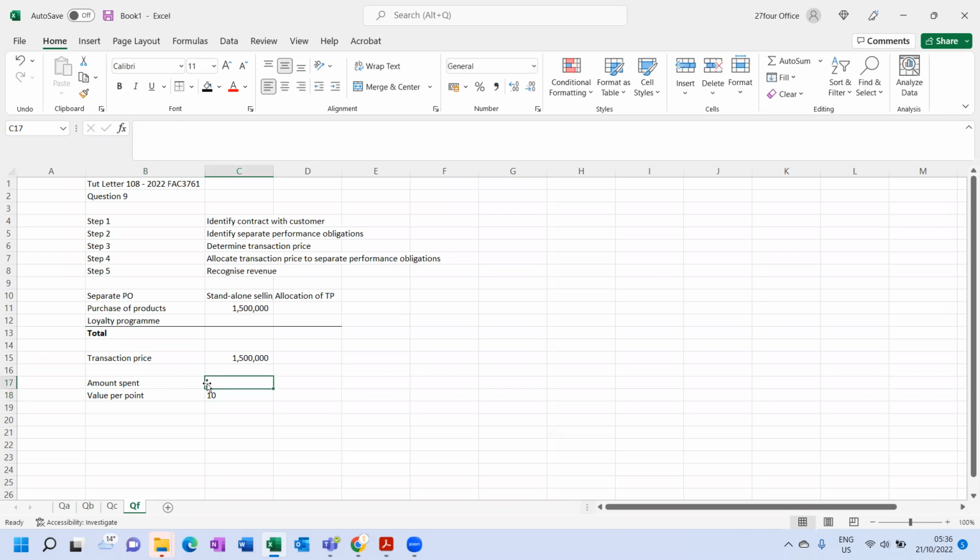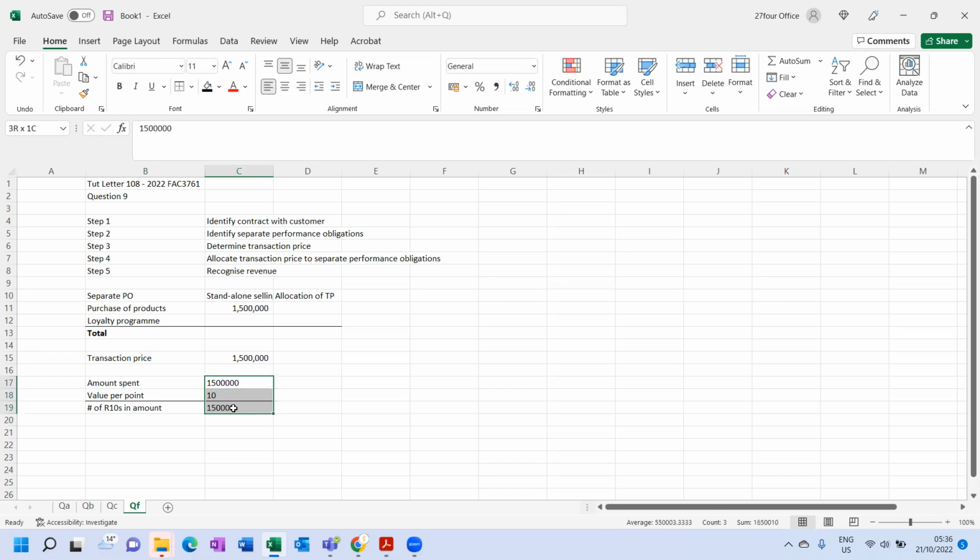Let's just leave it as value per point. So you're going to say number of 10 rands in the amount. We spent 1.5 million, and we get points based on 10 rand.